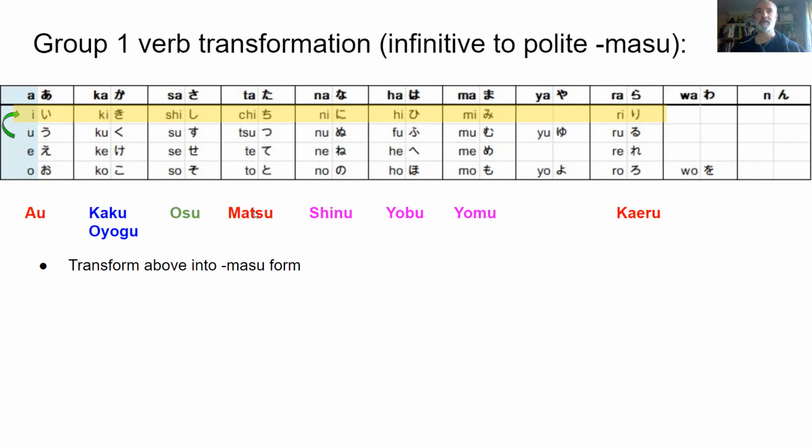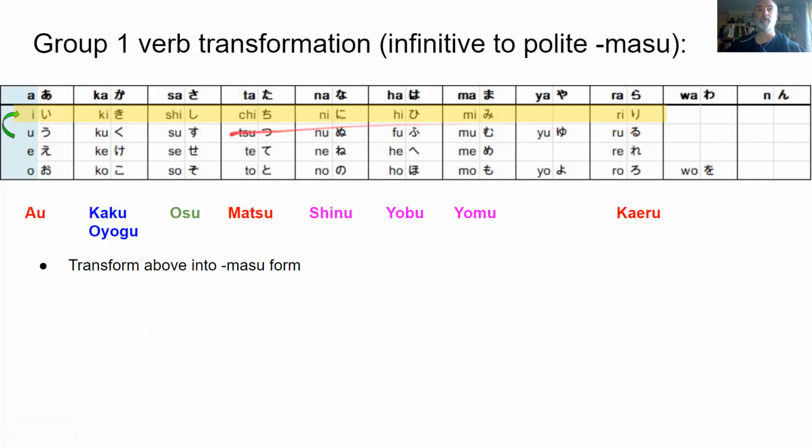Matsu, the suffix goes from tsu up to chi, so this becomes machimasu, to wait. Shinu, the suffix goes from nu up to ni, so it's shinimasu. Yobu, well, there's no bu, there's actually hu, but this is then made into a hard bu, so it becomes yobimasu. Yomu, to read, the suffix goes from mu up to mi, yomimasu. And kaeru, the suffix goes from ru up to ri, into kaerimasu.